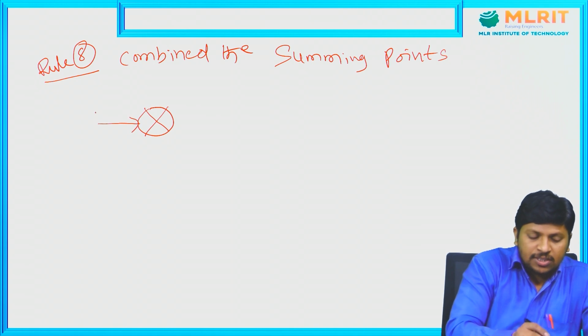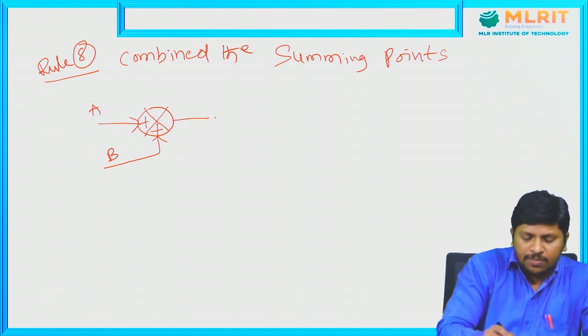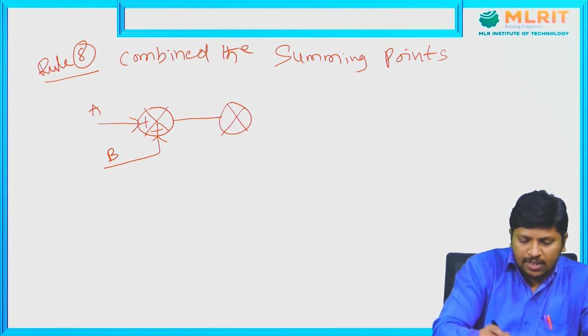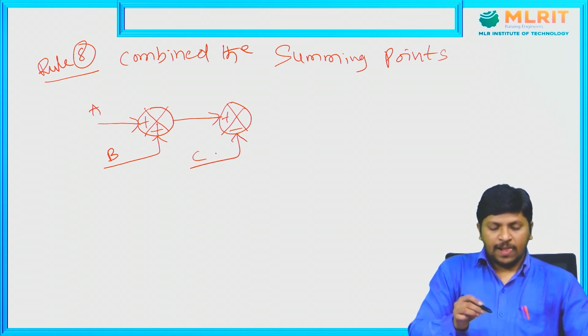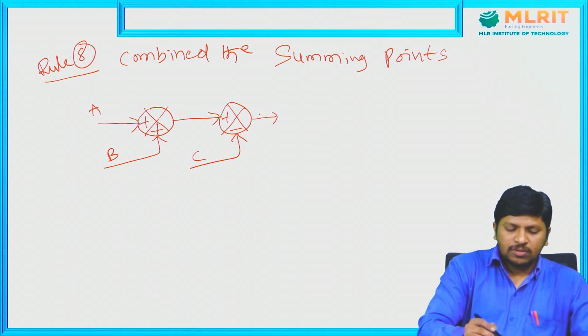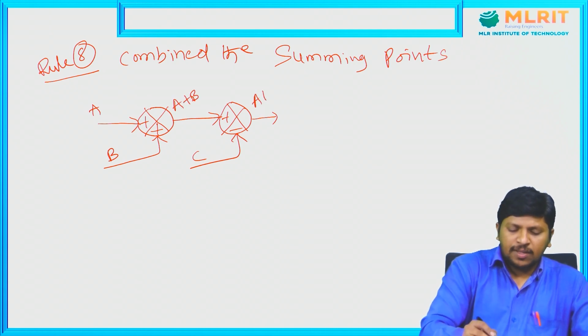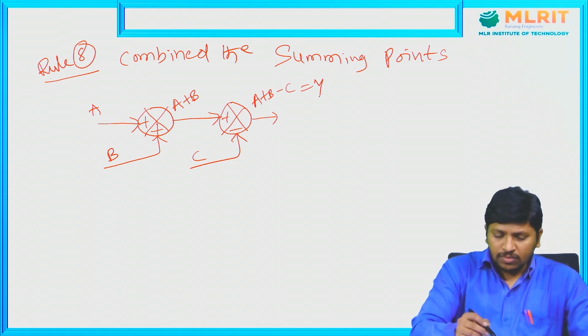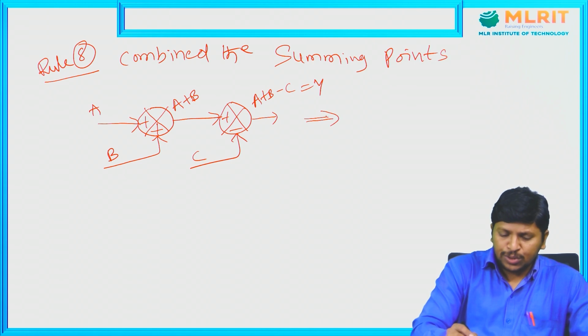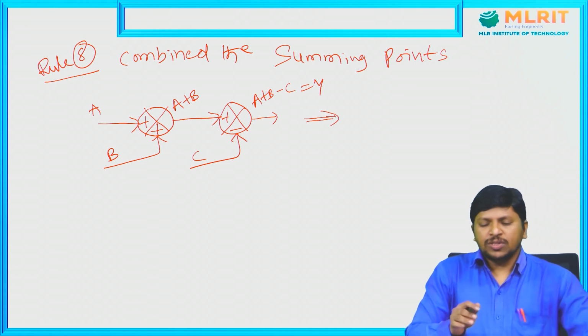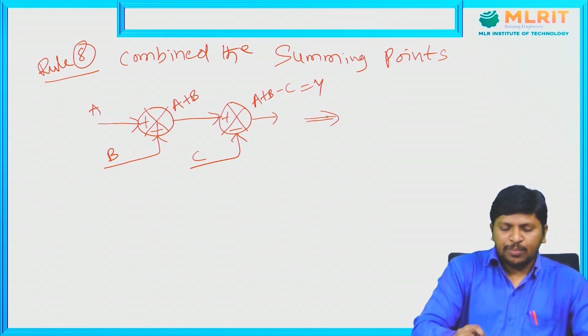I consider A positive and one more signal B, giving A plus B, and then one more summing point with C. Now two summing points are available. What is the output? A plus B, and then A plus B minus C. This is the output. Now I am going to combine these two summing points into a single summing point.